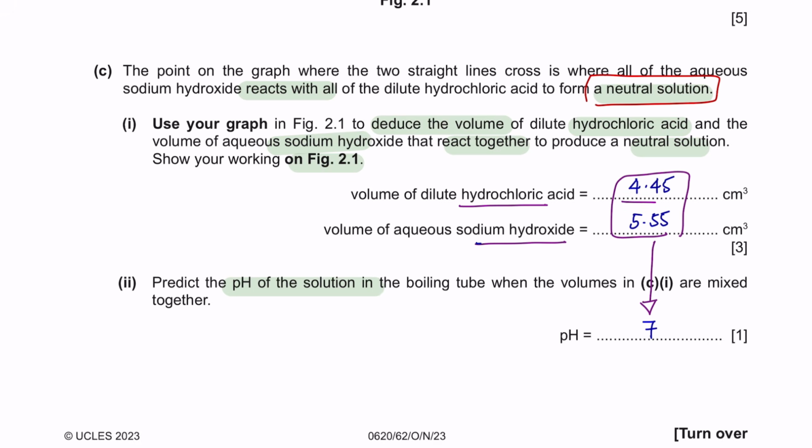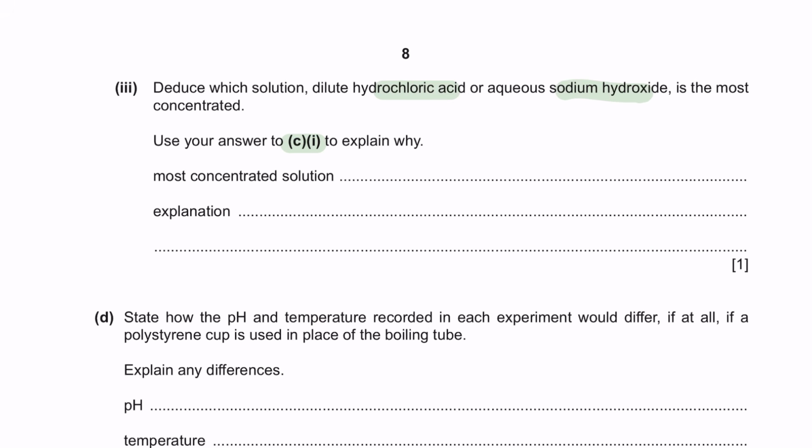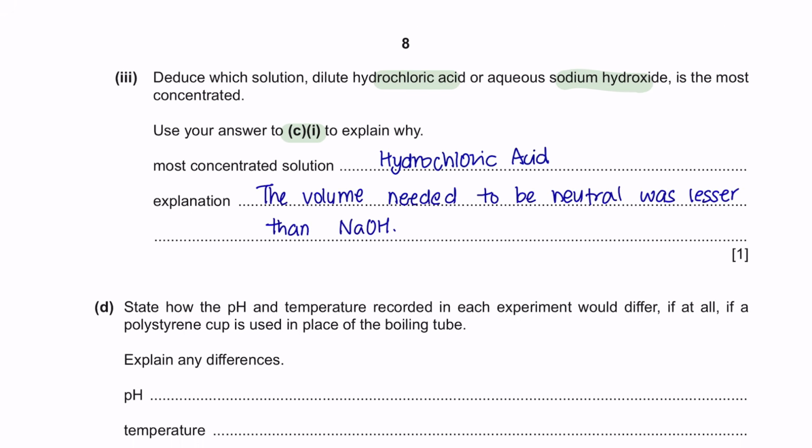And as we can see, HCl requires a smaller amount compared with sodium hydroxide to reach a neutral solution, meaning that HCl is more concentrated compared to NaOH. So the solution is hydrochloric acid, and as for the explanation, you can mention that the volume is smaller compared to sodium hydroxide in order to be neutral.